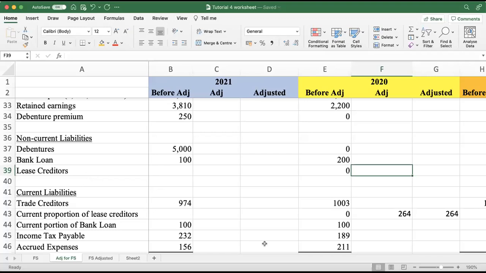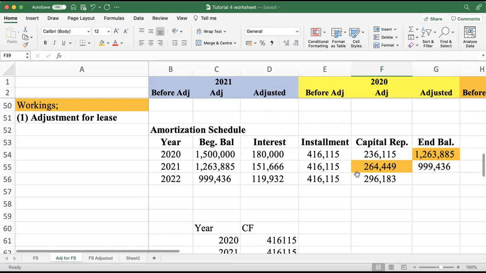So how much adjustment here? You see total lease creditors in thousands, 1,264. Out of that, 264 is current proportion. Then the non-current proportion, the balance 1,000.